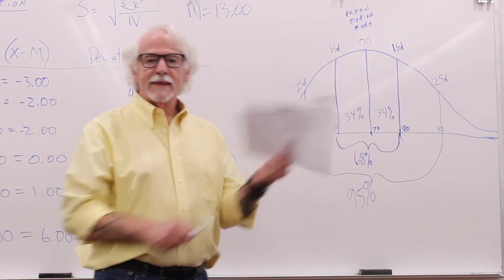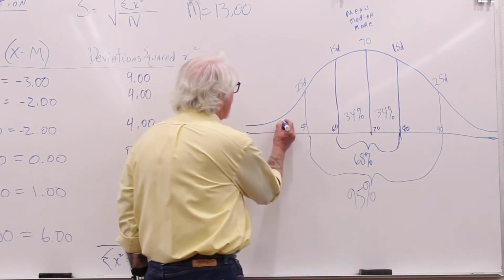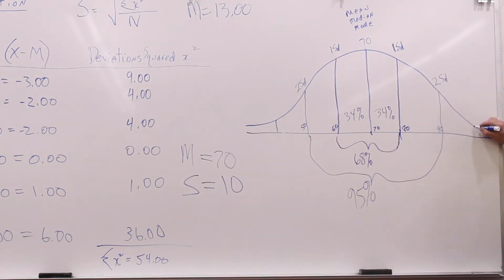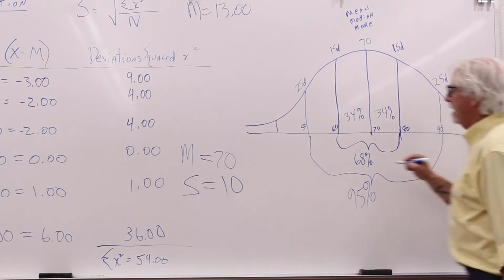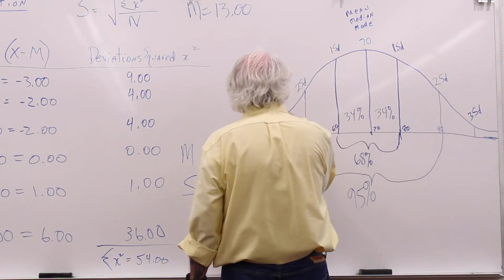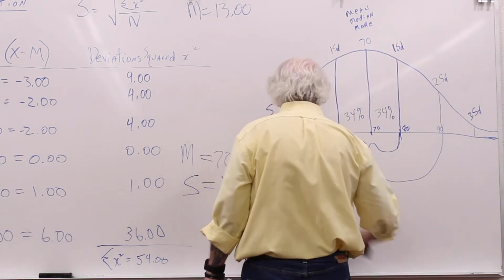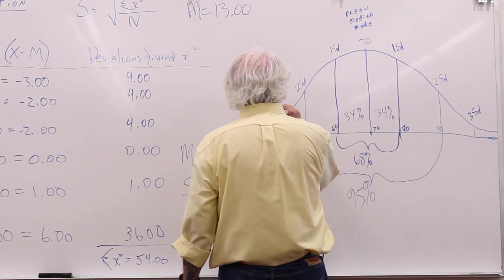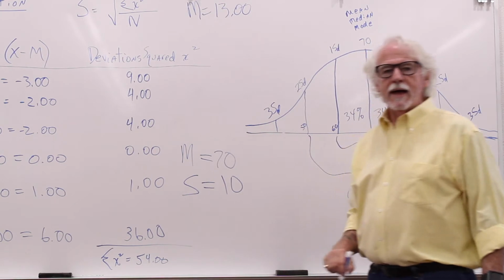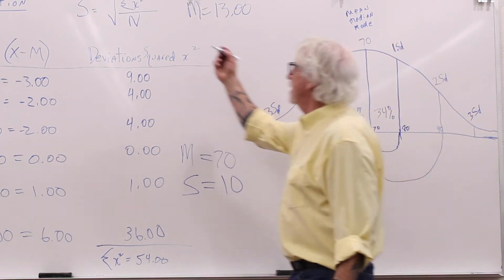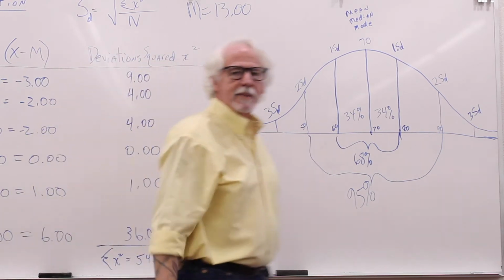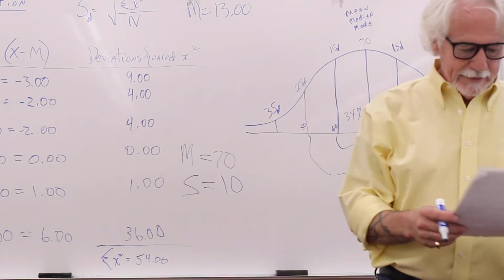Now, this is the one more: 3 standard deviations from the mean. SD is standard deviation. For the most part, you're going to see it like that. Okay.